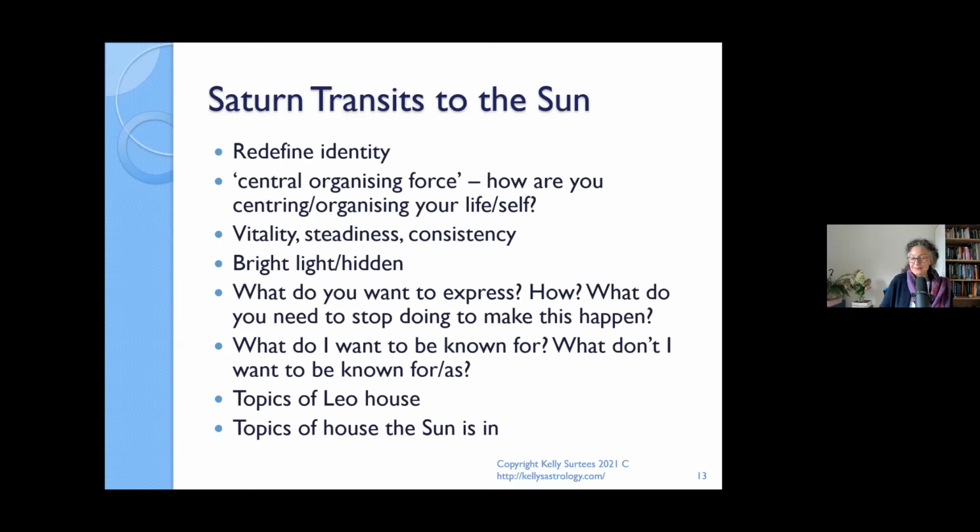The sun, of course, is about light and about visibility, and Saturn is about darkness or about not being seen. And there are times when we're dealing with a Saturn Sun transit where we're trying to redefine who gets to see us and what is it that we want to show them. And are we trying to be seen in a situation where we are not being attended to?